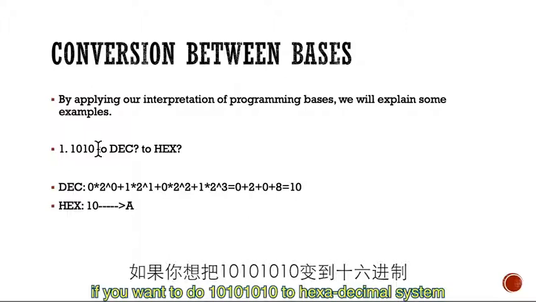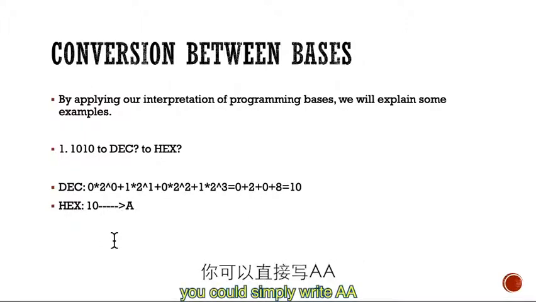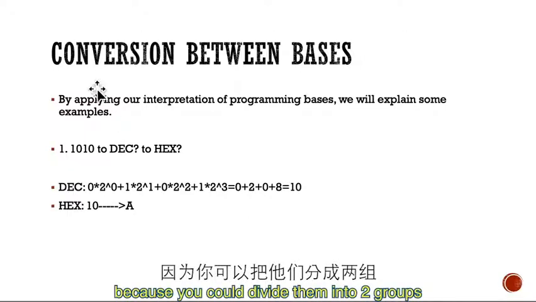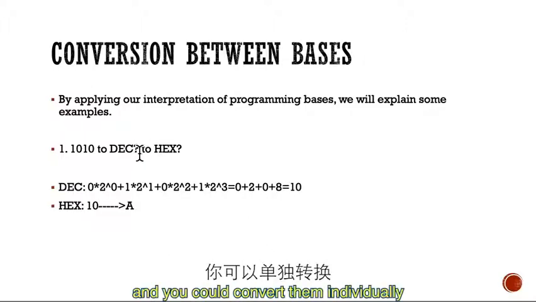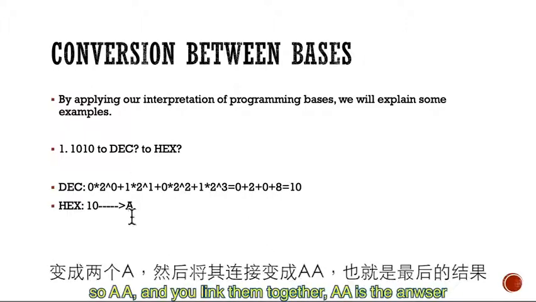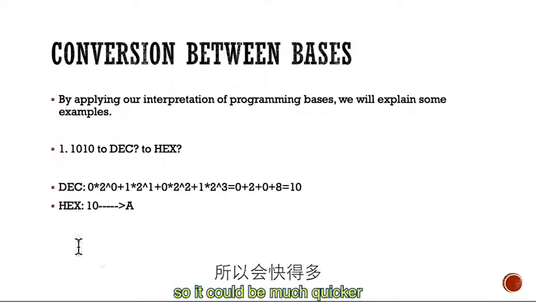If you want to convert 1010 1010 to hexadecimal, you could simply write AA, because you could divide them into 2 groups, 1010 and 1010, and convert them individually. So A, and you link them together. AA is the answer. So it will be much quicker.